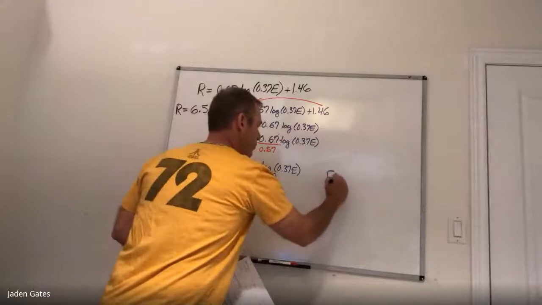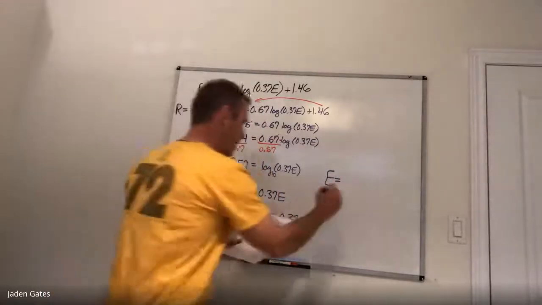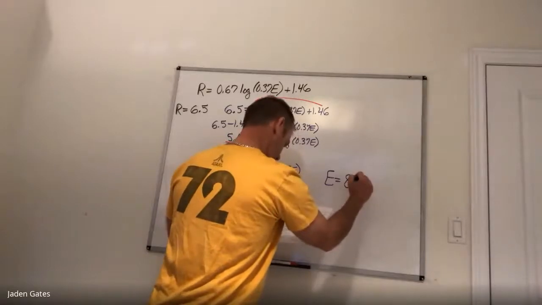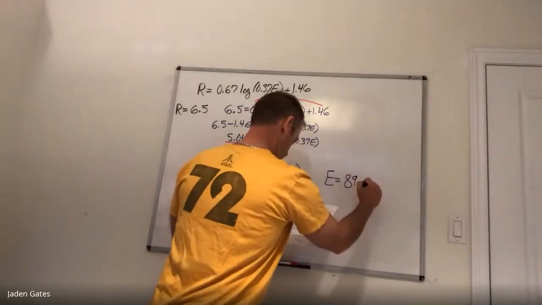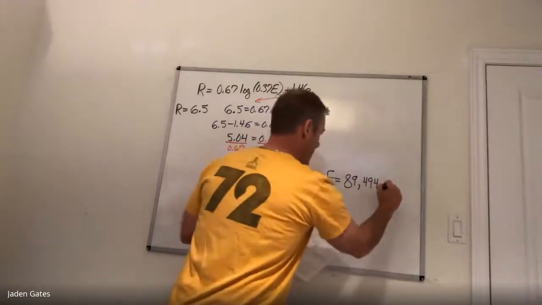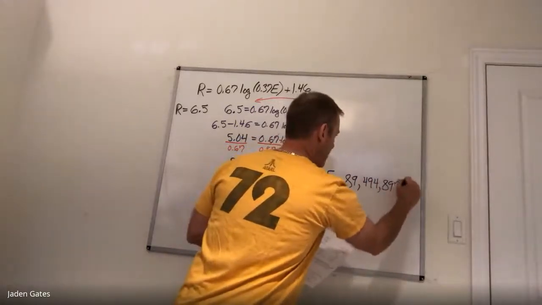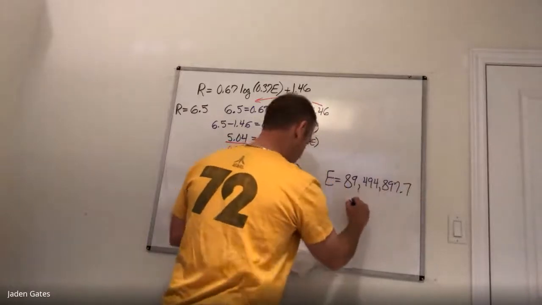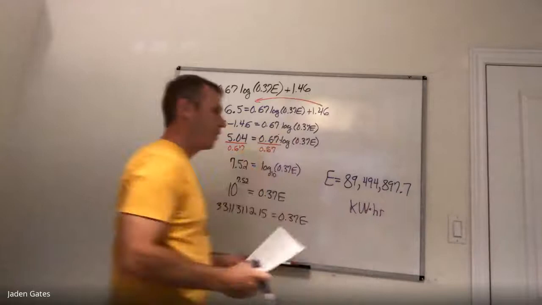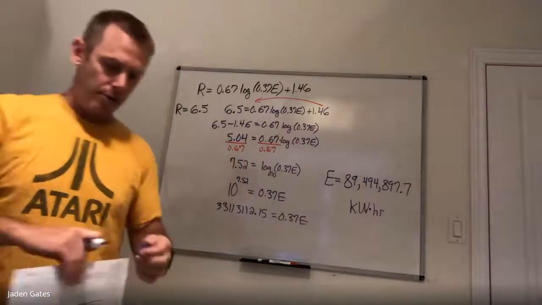And the energy released from a 6.5 is 89,494,897.7 kilowatt hours of energy, which is a crazy amount of energy.